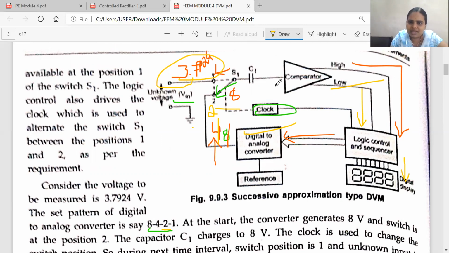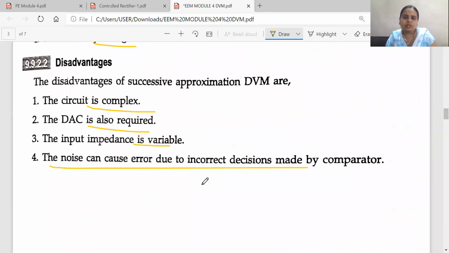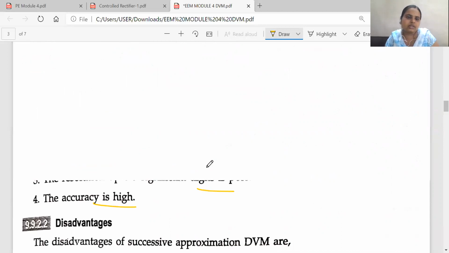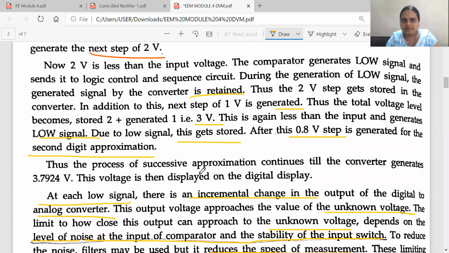But with the comparison result for 3.7924, how much of the fractional values we have to measure and add at the digital to analog converter, that precision will be somewhat difficult. That's the reason it is taken as a disadvantage. Noise may also be introduced in the comparator. These are all the advantages and disadvantages of the successive approximation theory.